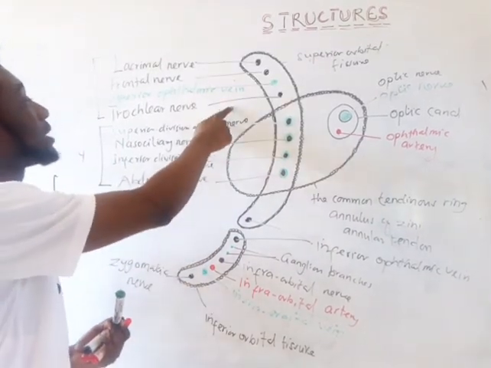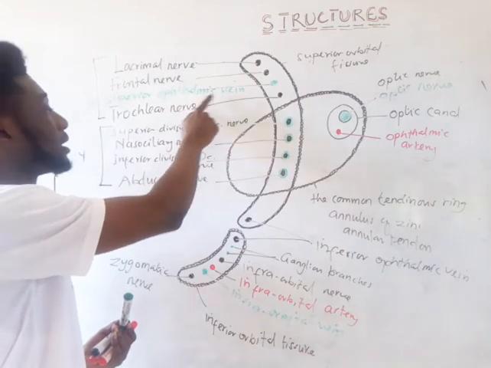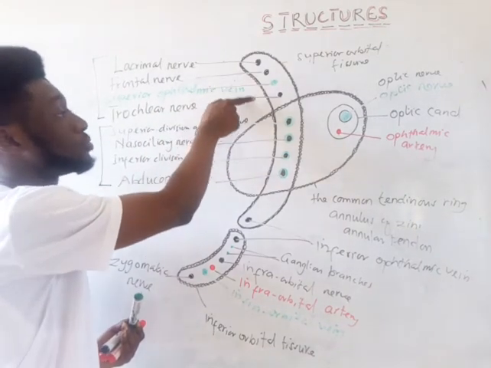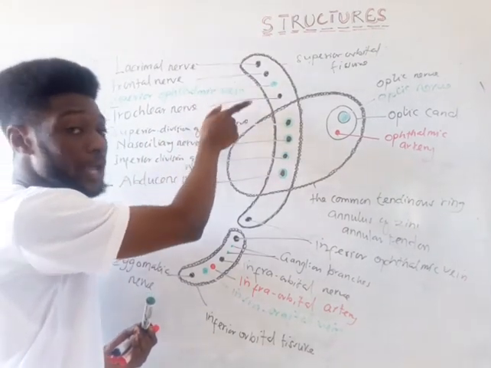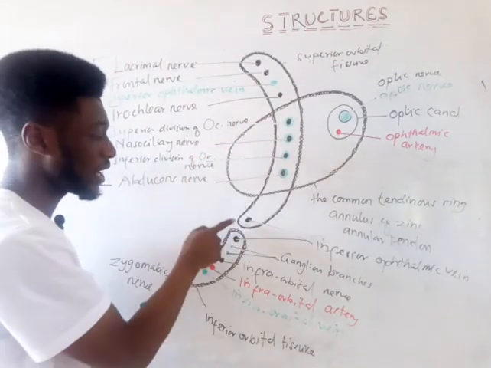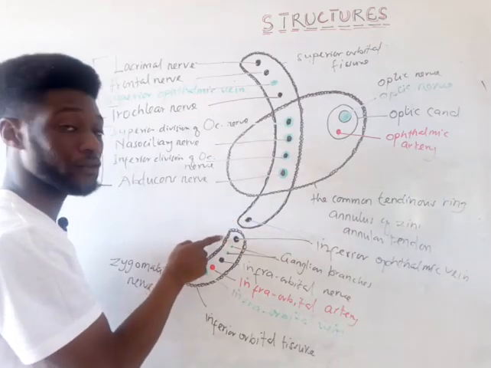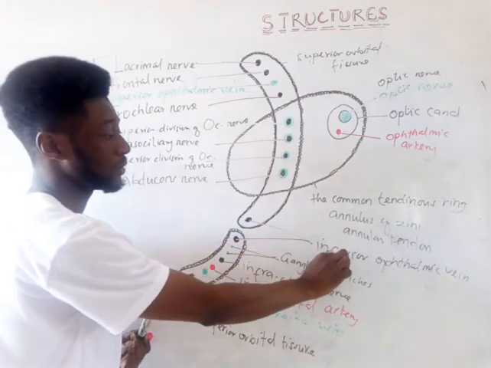And we say lacrimal nerve, frontal nerve, superior ophthalmic vein, trochlear nerve pass through the superior orbital fissure only. And we say the inferior ophthalmic vein passes through the superior orbital fissure and the inferior orbital fissure. So that is how you have it there.